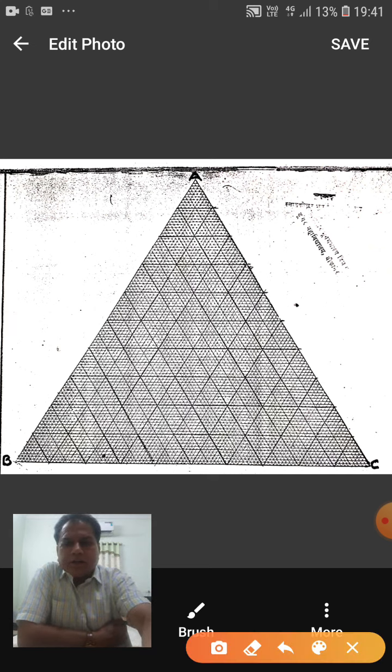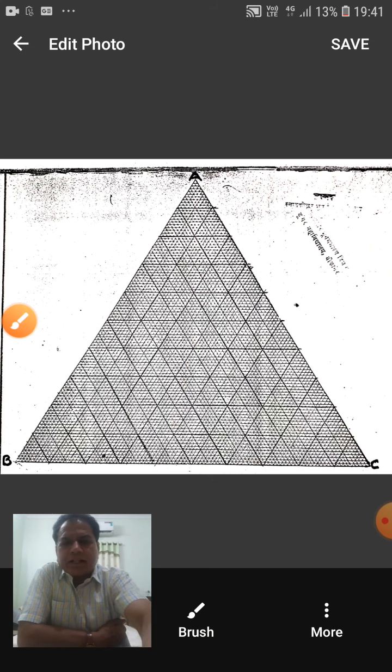On this line, the value is 0 for A. What it means is that the farther it is from A, the less will be the value, and as we move towards A, the value of A increases, right?